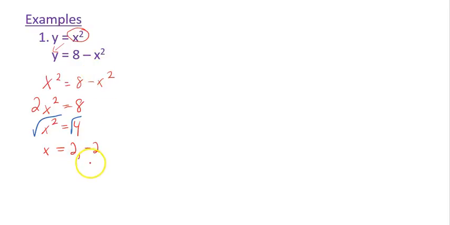These are the x values. And so right now, what I know is they cross at 2 something and at negative 2 something, and I'm going to find those y values as well. To get the y values, I can plug into either equation. I'm going to use the first one just because it's easier. If y equals x squared and I plug in 2, I get 4.